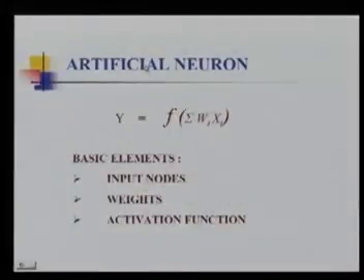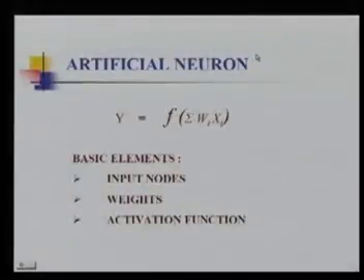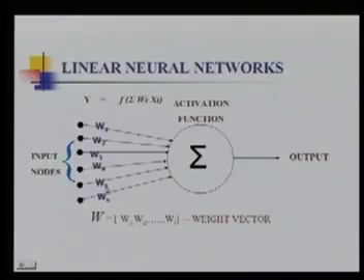Now, let us go to the most basic computational unit in an artificial neural network. Obviously, it has to be an artificial neuron, and this artificial neuron has three basic elements: nodes, weights, and activation function. This is a node. These are input signals. Between input node and output node, there are synaptic weights W1, W2, W3, W4, W5, W6.